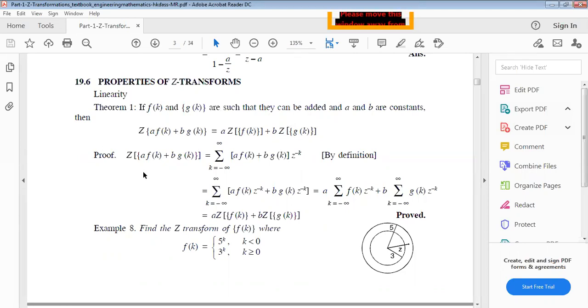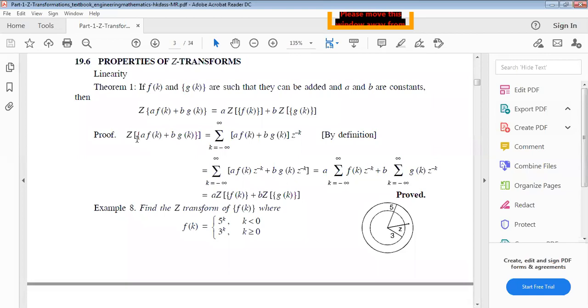Now how we will prove it. First of all, z transformation of this whole sequence, this is combinedly one sequence, remember it. Now using the definition of z transformation, k equals minus infinity to plus infinity, f of k into z to the power minus k, right? Now k equals minus infinity to plus infinity, z to the minus k multiplying in both parts, a into f of k, z to the minus k, b into g of k, z to the minus k.